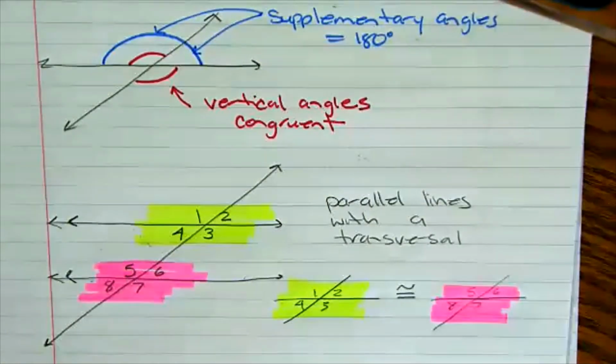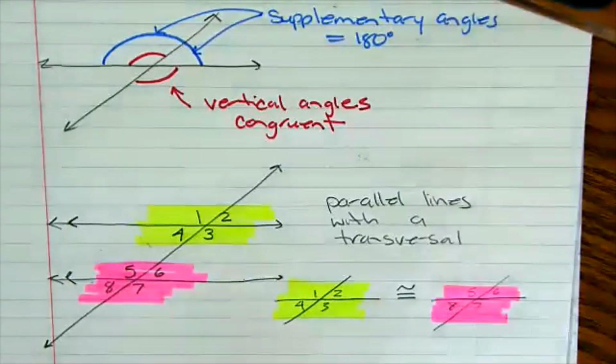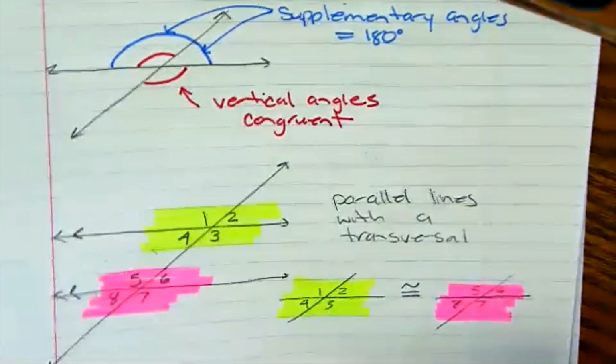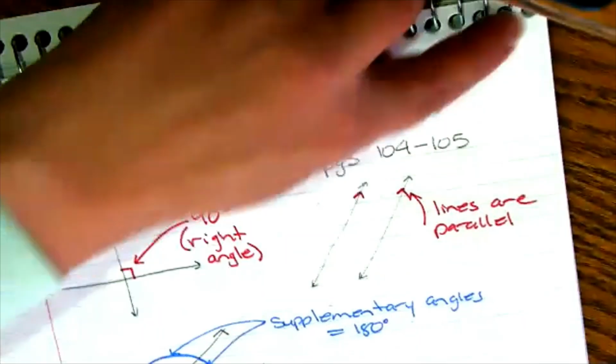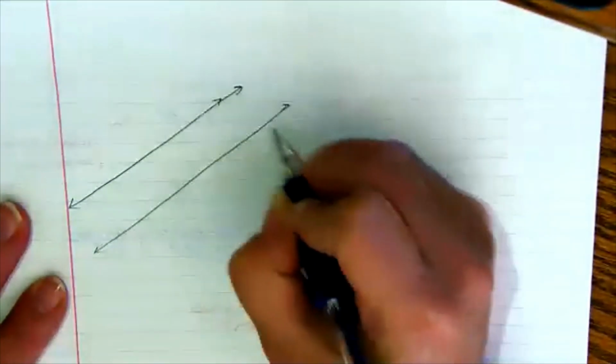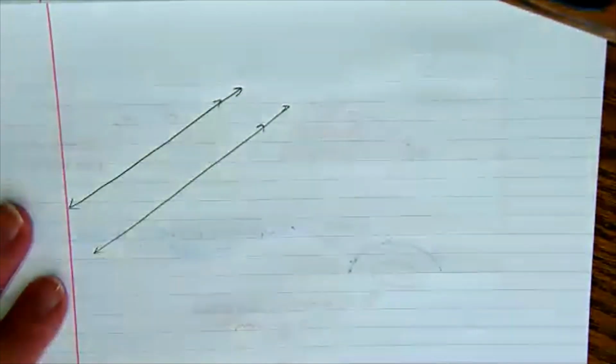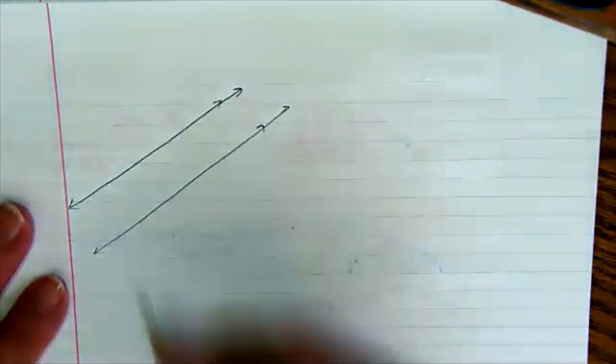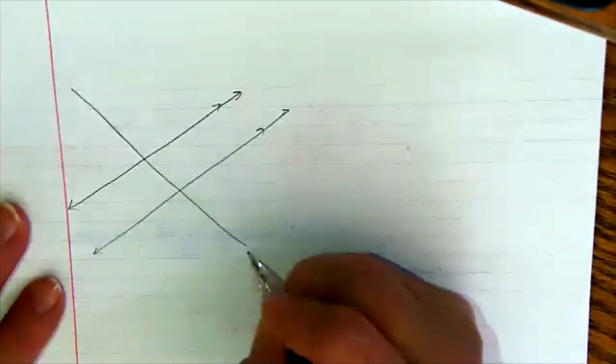Well, that's nice. But how does that help us? What are we doing with that? Well, let's take what we've been doing for the past few days and apply it. So we've got these parallel lines, and we have a transversal.